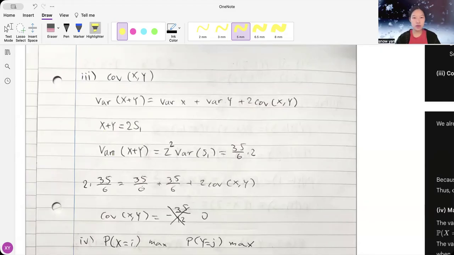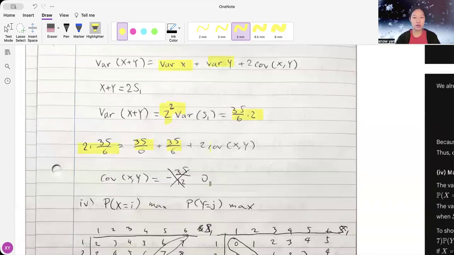So hence the variance of x plus y would just be the variance of 2 S1, and because it's squared as earlier, I would have extracted it out, so then I would have gotten this. I already know the variance of x and variance of y from earlier, so I just plug those in, and I know that covariance over here has to be 0.